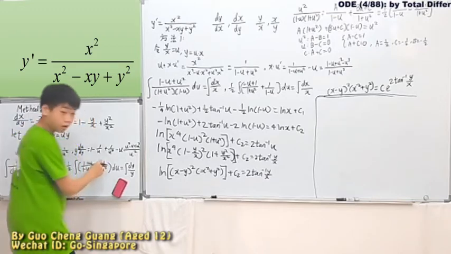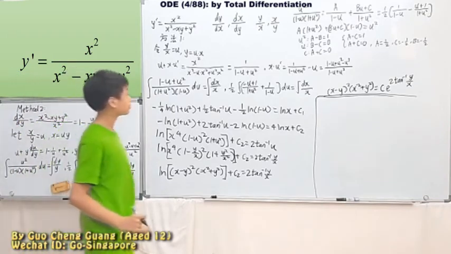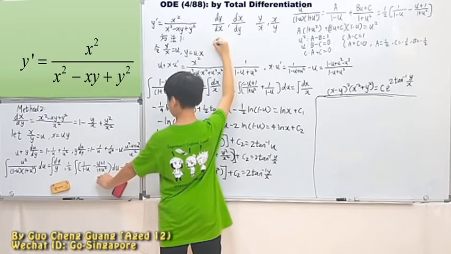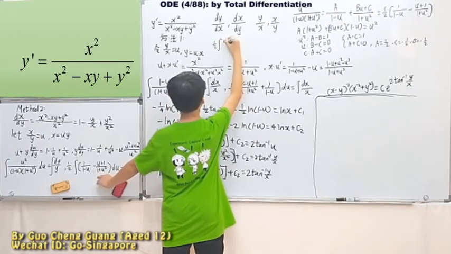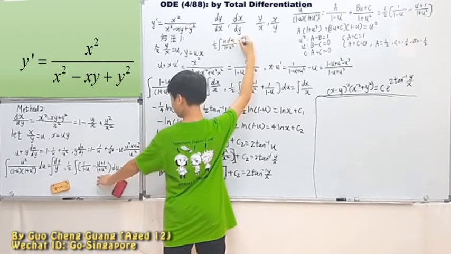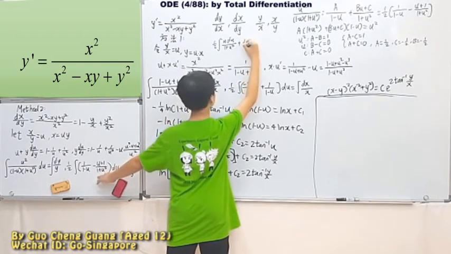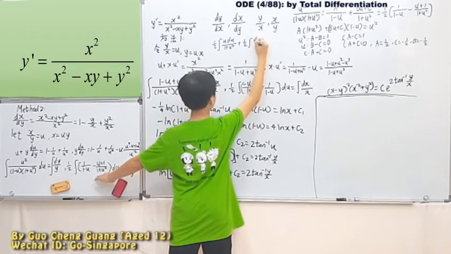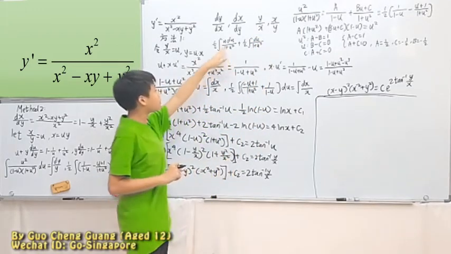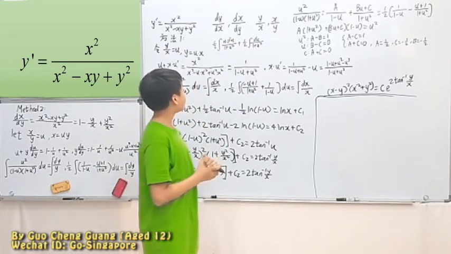So at this part, we can use partial fractions and split these into two more fractions. But for this part, if you want to put this u inside, you can, and you'll get a u squared.